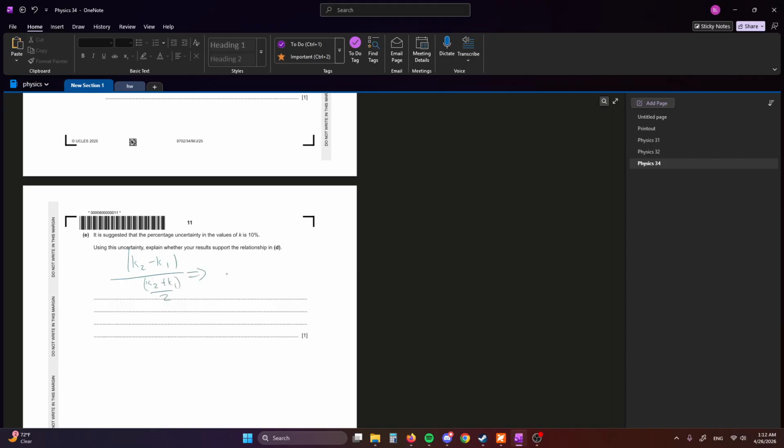And then you should get a percent. Say it's X: if the percent is less than 0.1, it supports; if X is greater than 0.1, it does not support. And this is all they're asking for.